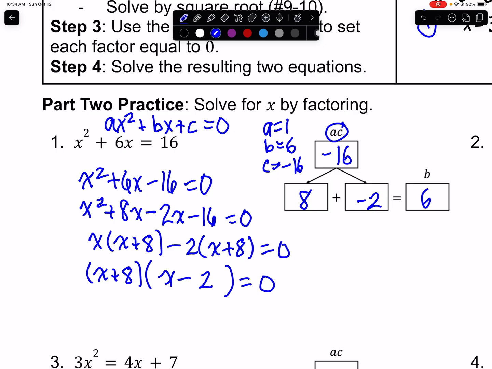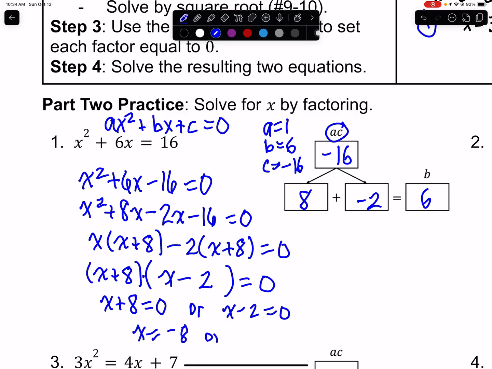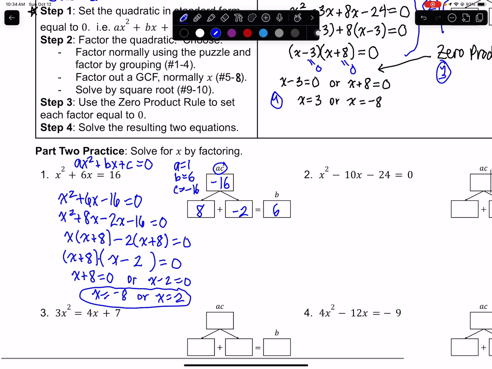And that completes step 2, the factoring step. And then you say, hey, in order for those two things multiplied to be 0, either the first one was 0 or the second one was 0. And then you just do a quick solve, and then you're all finished. Okay.